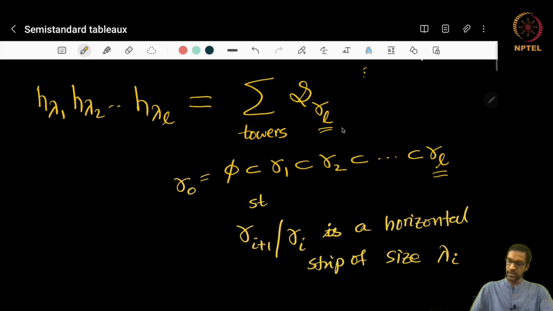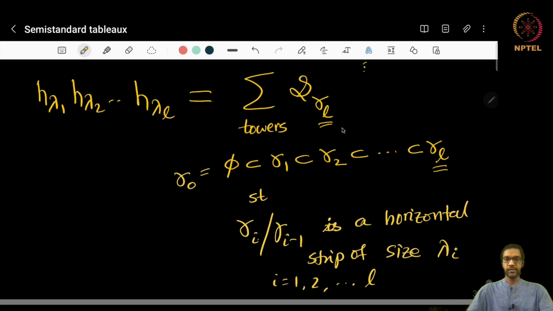So gamma I by gamma I minus 1 is a horizontal strip of size lambda I for all I ranging from 1 to L.